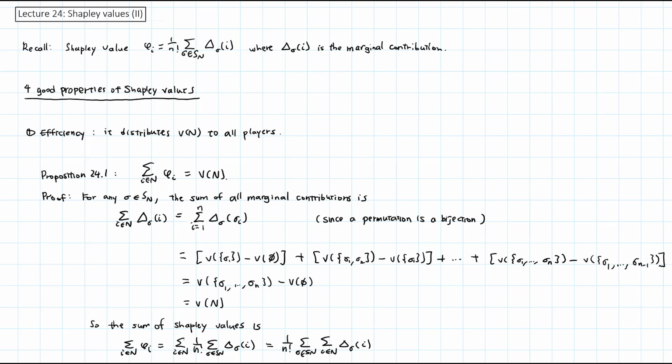Now we can use our work above to simplify this to 1 over n factorial times the sum of v of n over all permutations sigma. But v of n is just a constant, so we are summing v of n over the number of permutations of n, and that is n factorial. So this gives us v of n at the end, so that is the sum of the Shapley values as we wanted.